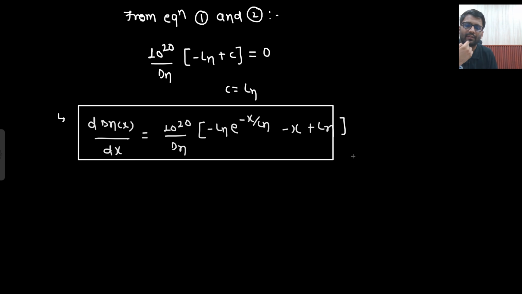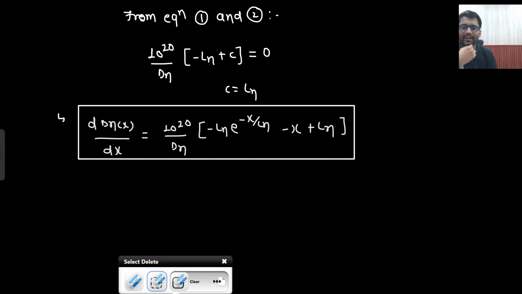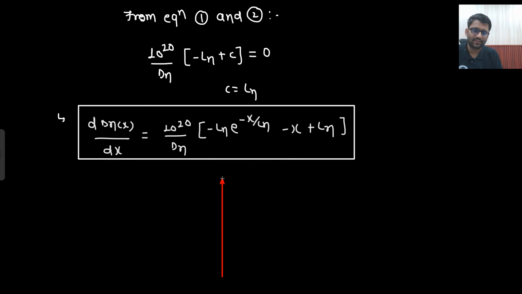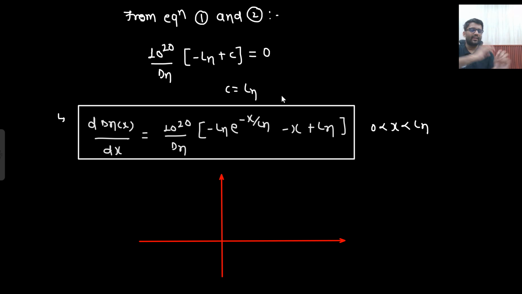So this is the value that I am getting. Now let's try to plot the profile of delta nx. This is the differentiation of delta nx you have got between 0 to ln. Now you are trying to plot delta nx, not the slope.